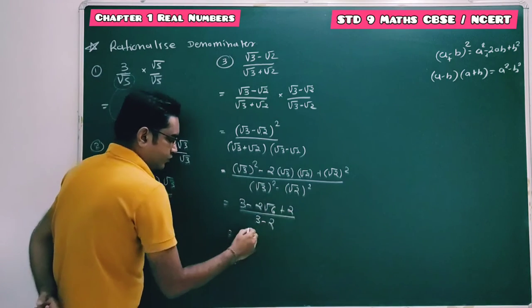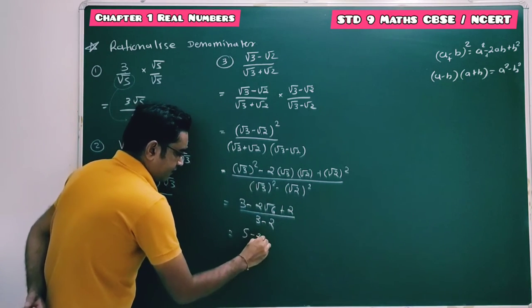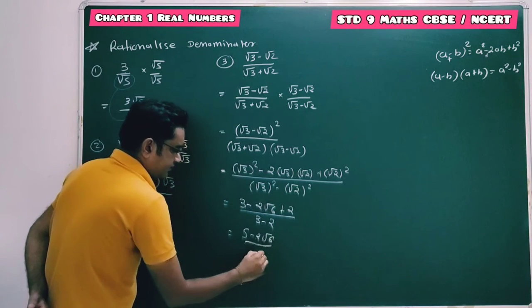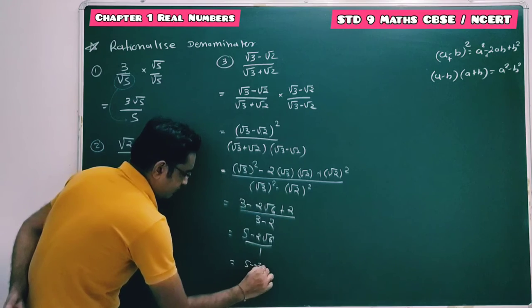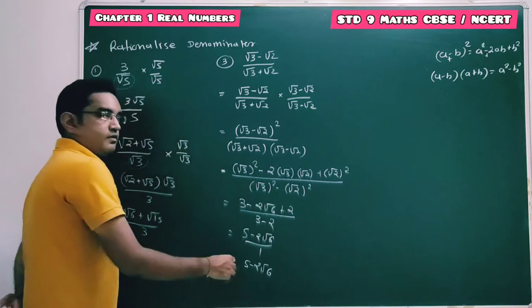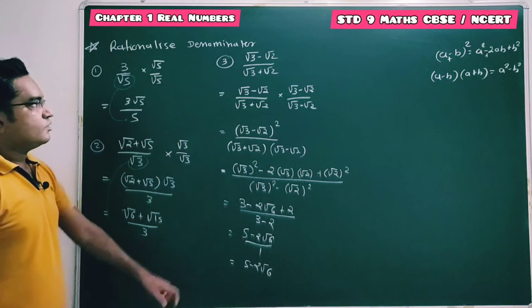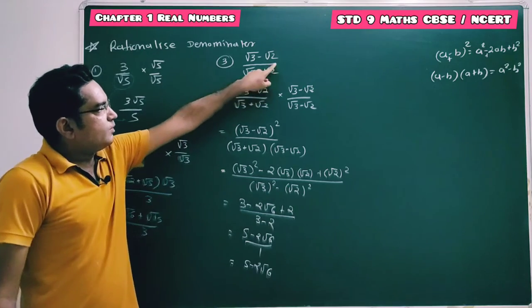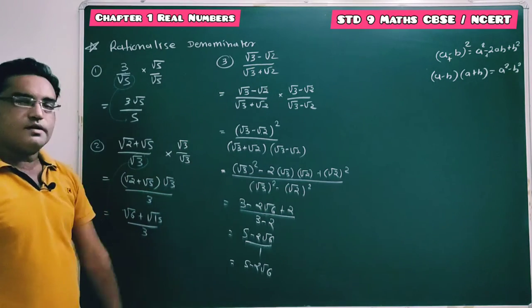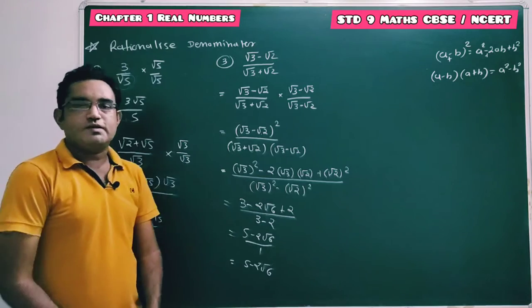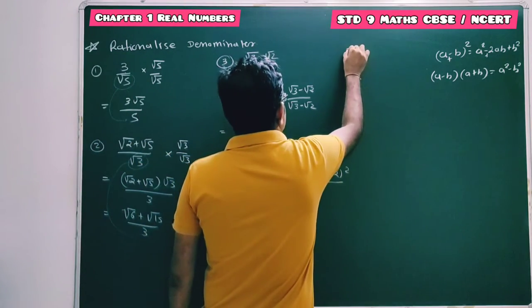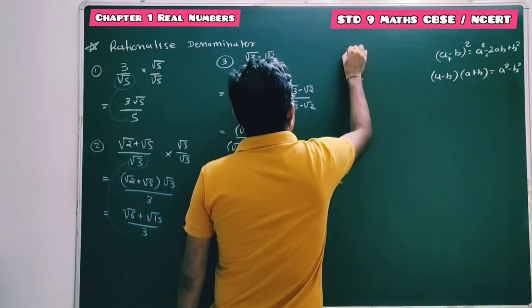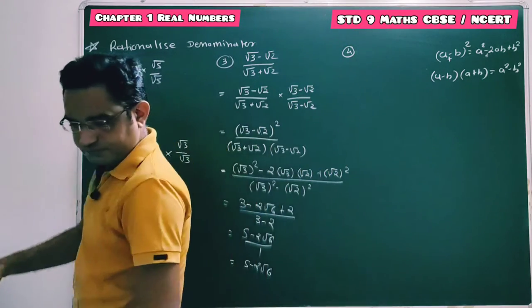Now 3 plus 2 is 5 minus 2 root 6 by 1, and this is equal to 5 minus 2 root 6. So the denominator 1 has come, which is a rational number. So now the irrational denominator is converted into a rational denominator, hence this is known as rationalization. This process is known as rationalization of denominator. Next question.